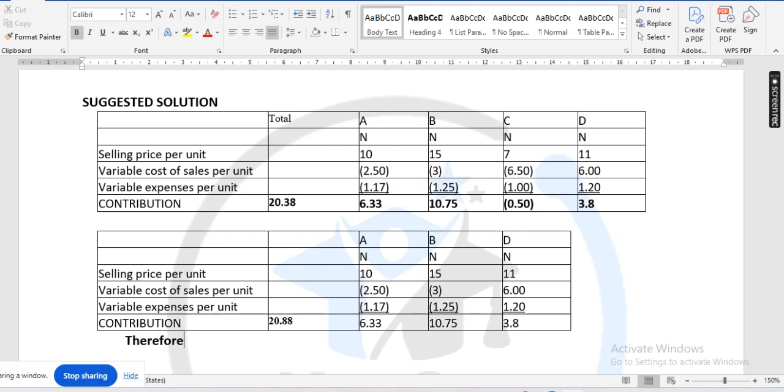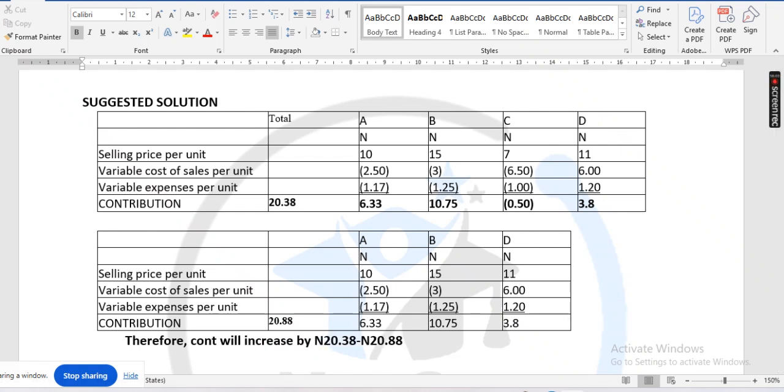Therefore, contribution will increase by 20.88 minus 20.38.